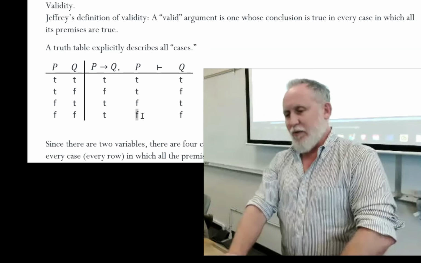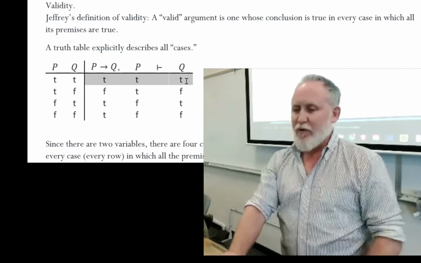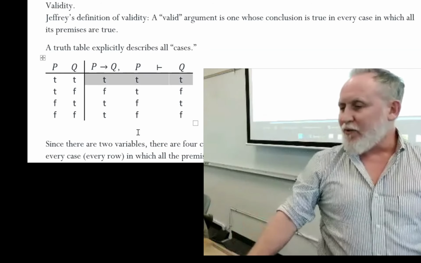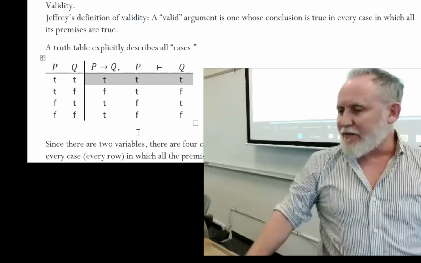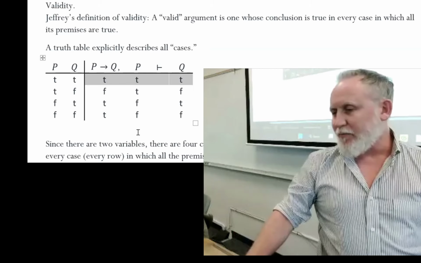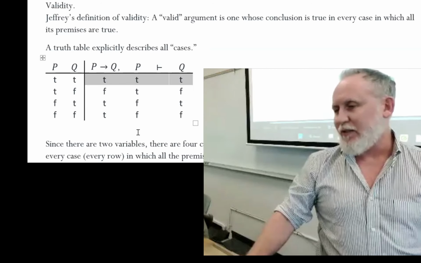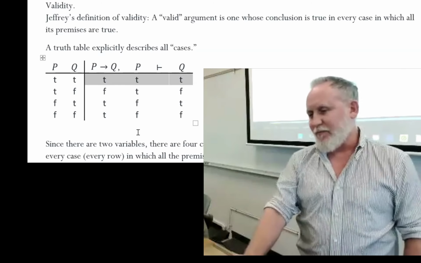In case 2, not all the premises are true. Case 3, not all the premises are true. In case 4, not all the premises are true. So the only relevant case is case 1. And in that case where all the premises are true, the conclusion is true, it fits the definition of validity.